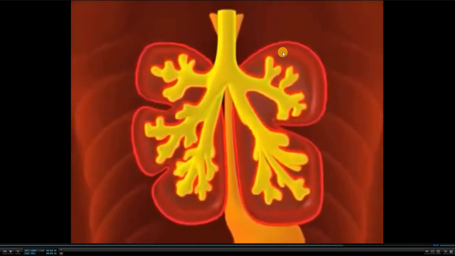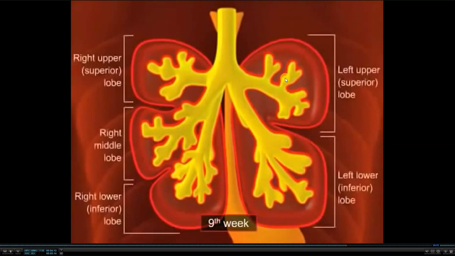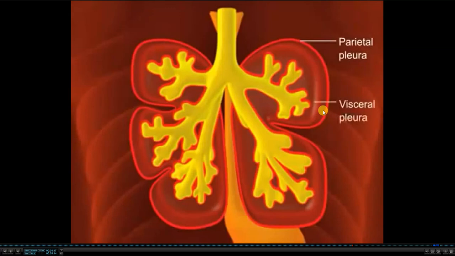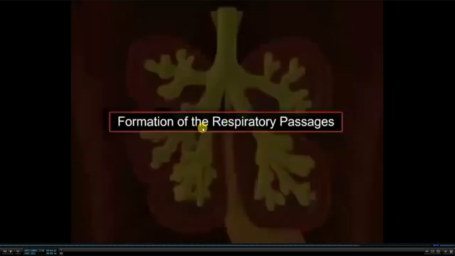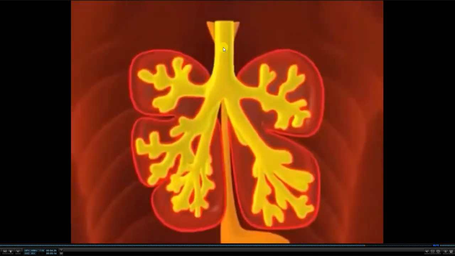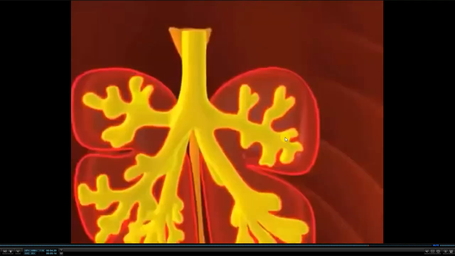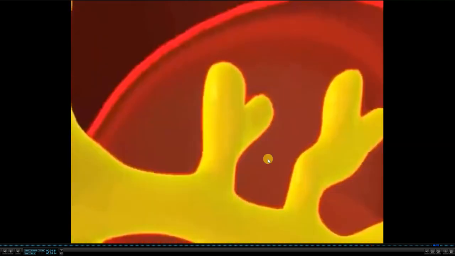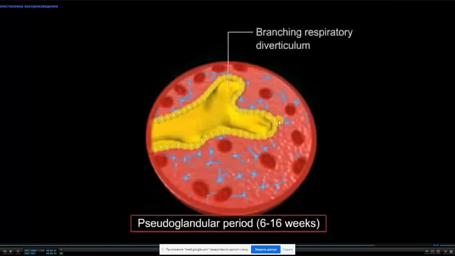The mesenchyme here allows the formation of the parenchyma of this organ, and the lobes are already separated from each other, following the growth of the bronchi. Now passage of air is already possible, but remember this is happening in the uterus, where the fetus is surrounded by water, so air conduction is impossible.